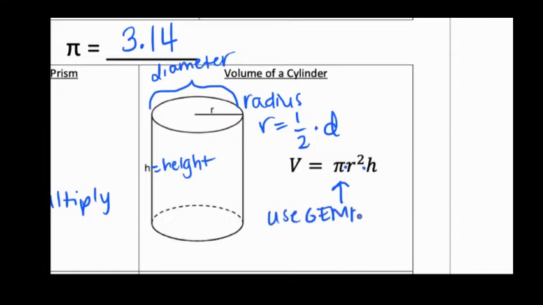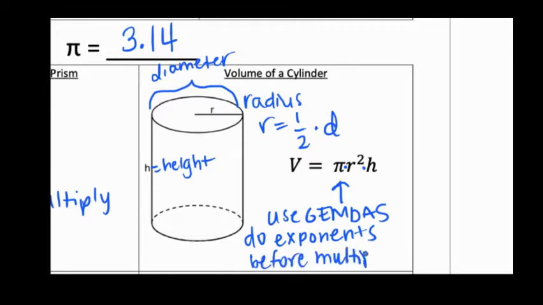It's been a while since we've talked about that formal process, but you have to follow it whenever you're simplifying an expression. So do exponents before multiplication. Whatever your radius is, square it first, and then you can multiply the pi times the height times the radius squared.